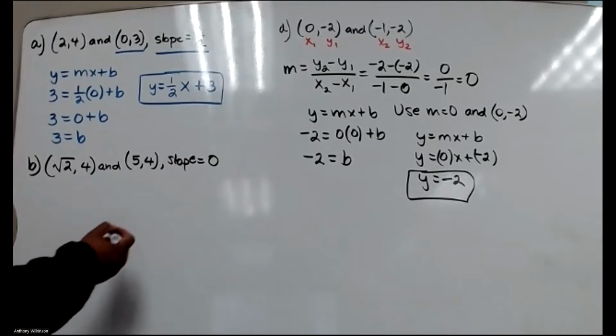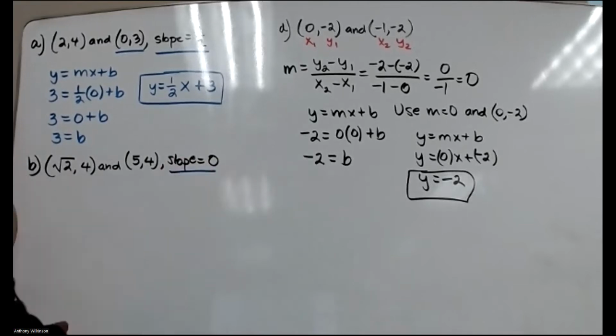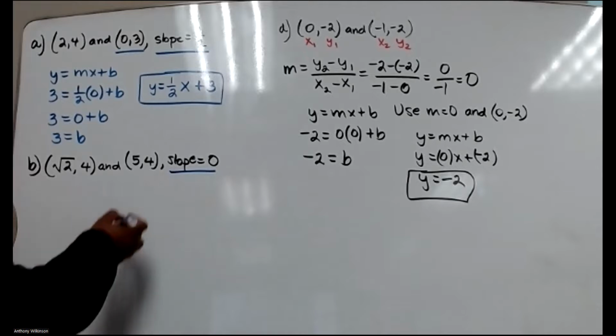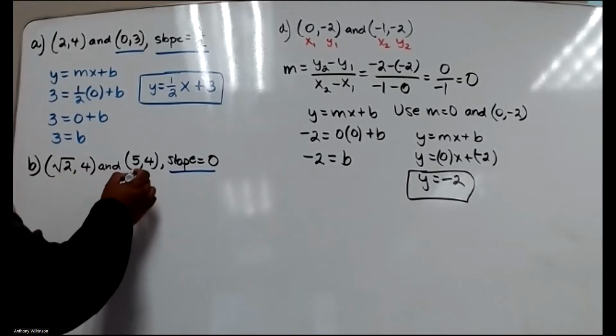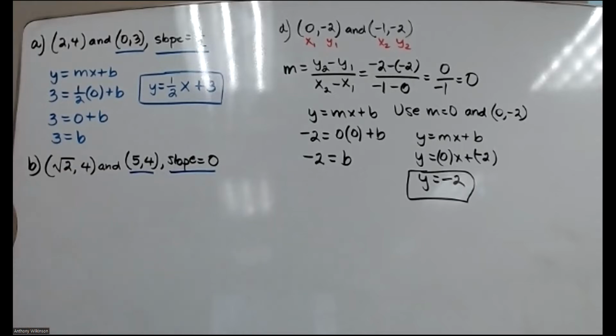So we know we got to use the slope of 0. And I can use either one of these 2 points. Let's use the 5, 4, that ordered pair. I mean, you could use that first ordered pair of the square root of 2, 4, but let's just use the 5 and the 4 since it doesn't have radicals in it.